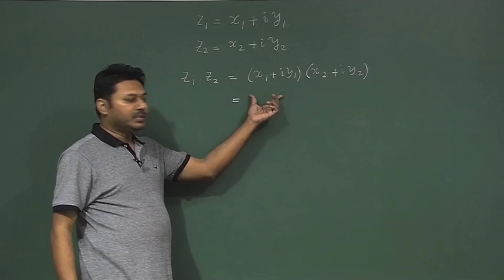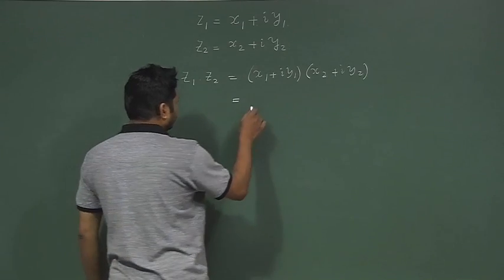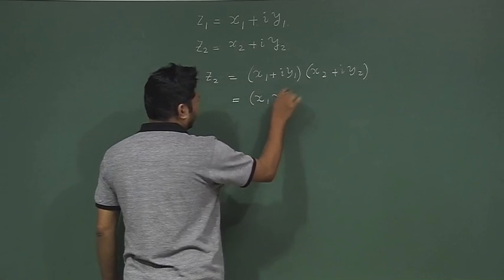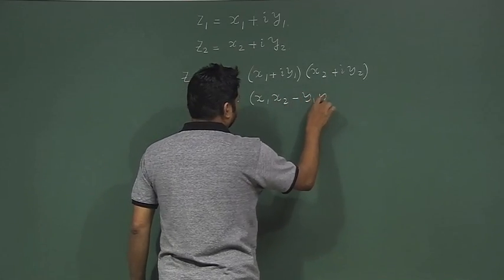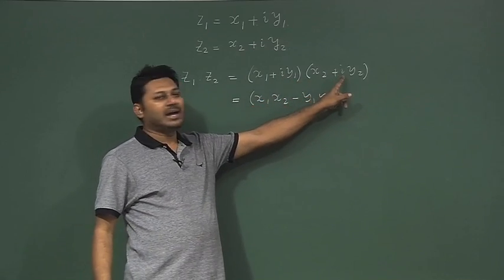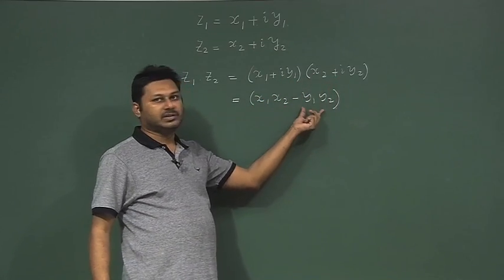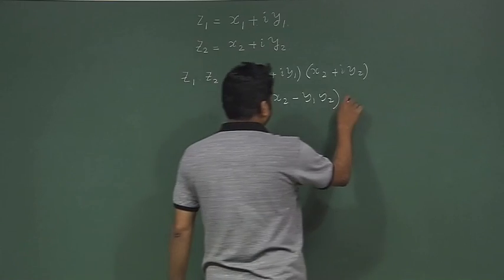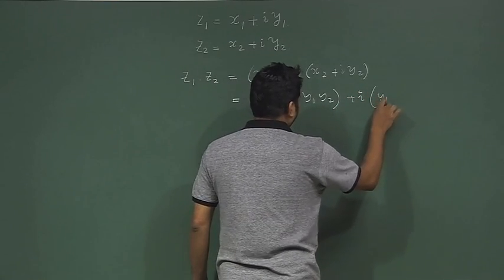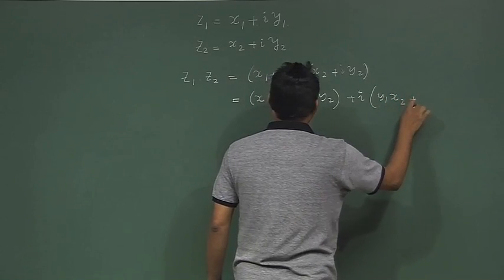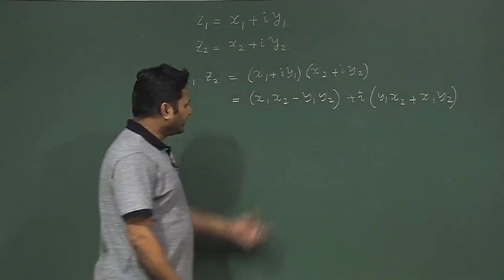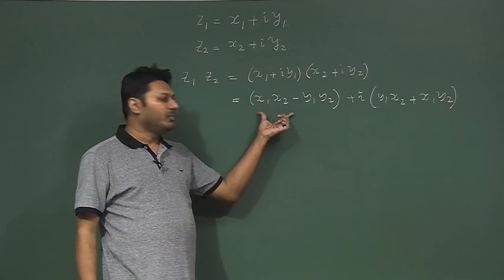It is interesting: we get x1 x2 minus y1 y2, because i into i gives minus 1, plus i times y1 x2 plus x1 y2. So, this is also forming a complex number.